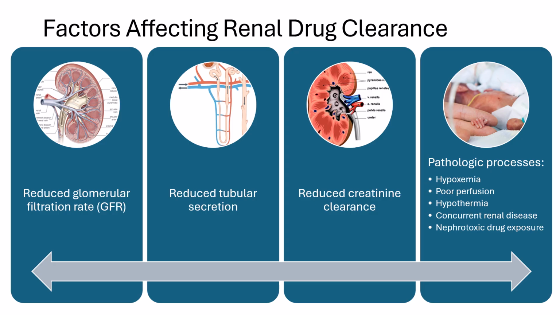Pathologic processes can further impair renal function, including hypoxemia, poor perfusion, hypothermia, concurrent renal disease, and exposure to nephrotoxic drugs. A key concept: renal function is the primary predictor of vancomycin clearance. This is why we adjust vancomycin dosing based on renal function and monitor levels closely. Understanding these factors helps predict drug clearance and guides dosing decisions.